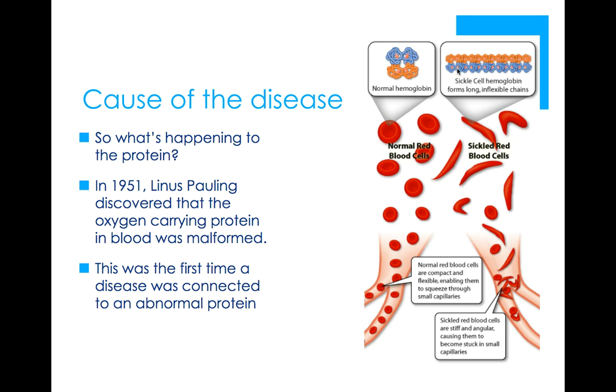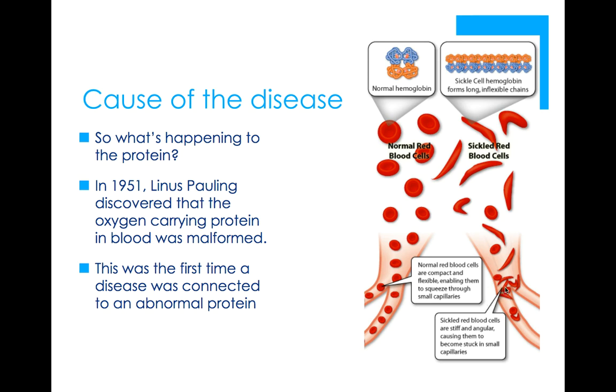And this is super long and inflexible, which means in their blood cell, you can see that would fit nicely right in the middle there. This can't fit in that round shape, and so it causes the whole cell to become this misshapen shape. And it's inflexible, meaning when it goes into the blood vessel, it's rigid and can't bend and easily pass through.